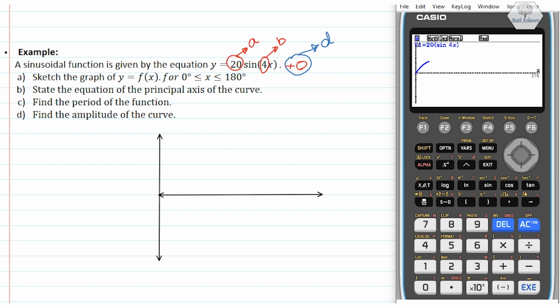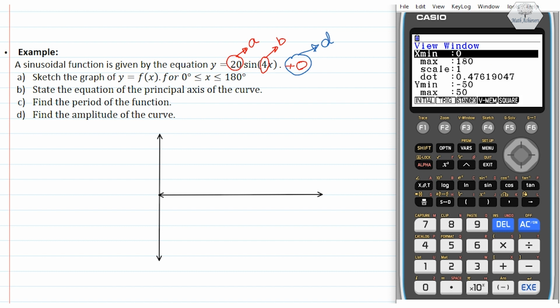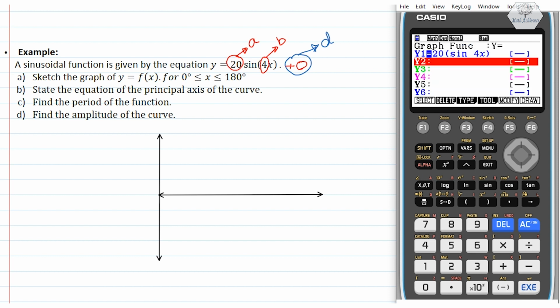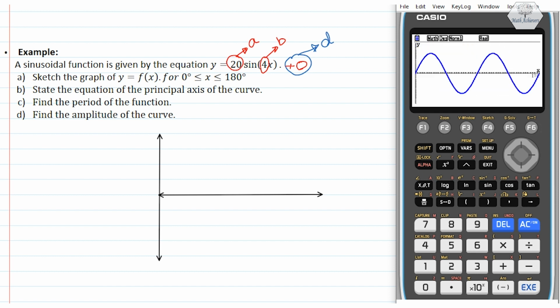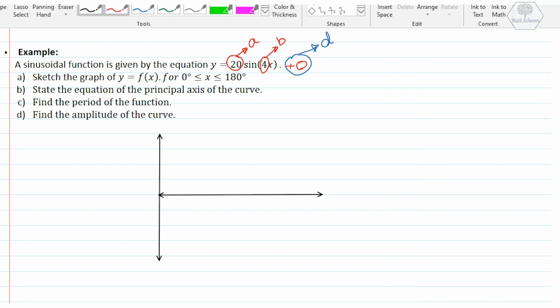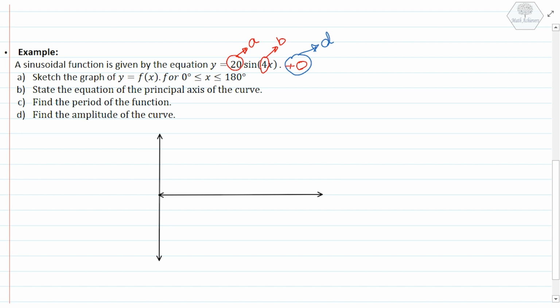And I draw. So this is the shape of my function. If I want to see it larger, I can fix the y minimum and the y maximum, having the y minimum to be minus 30 and the y max to be 30. And then I exit and I draw. So this is the shape of my function.